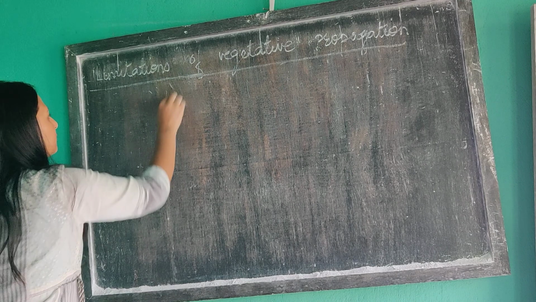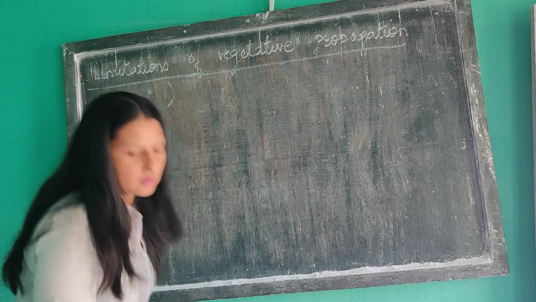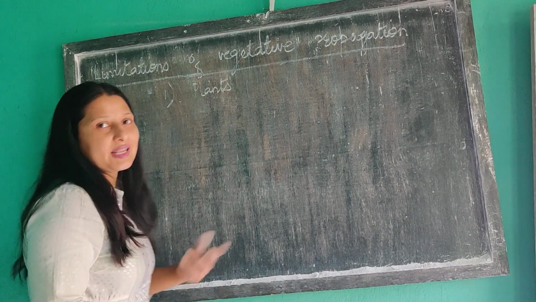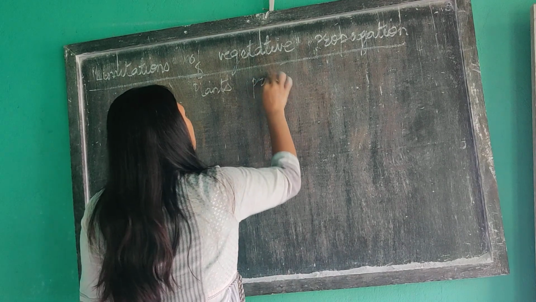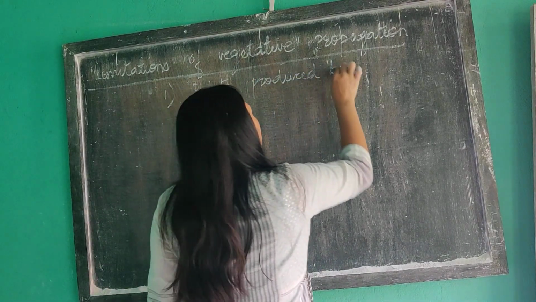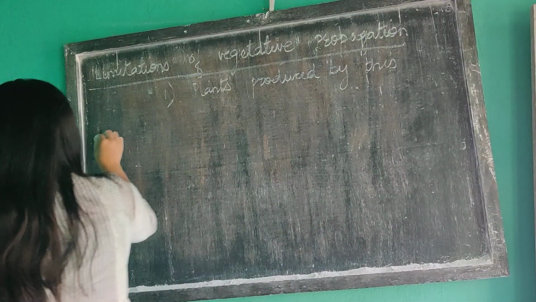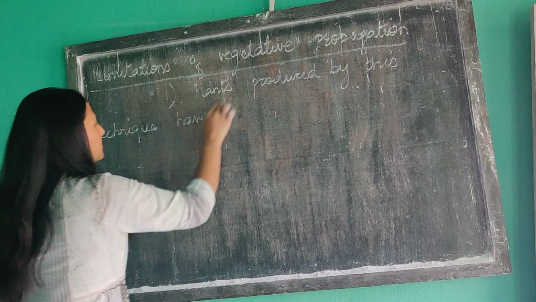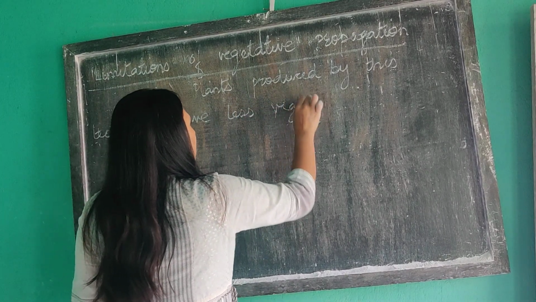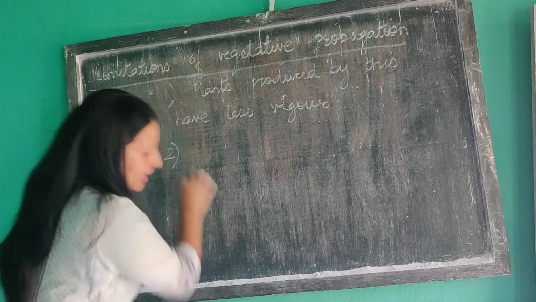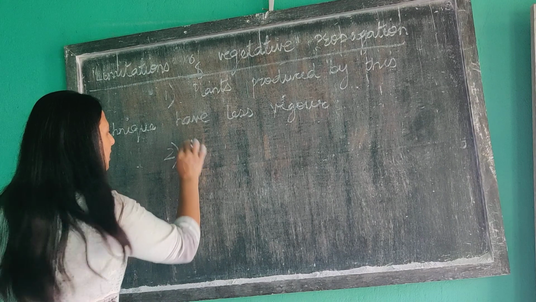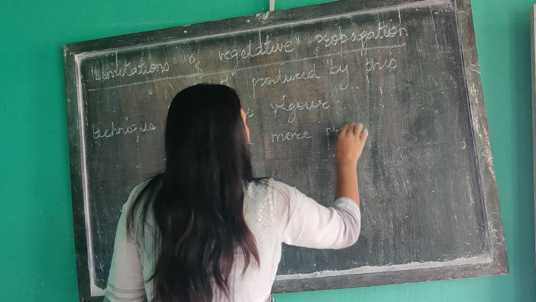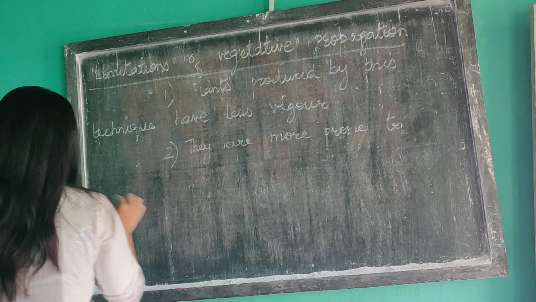So first is the plants produced by this technique have less vigor, means they are less active than other plants. They are more prone to disease. भनेको छिट्टो बिमार लाग्न सक्छ. They are more prone to diseases.